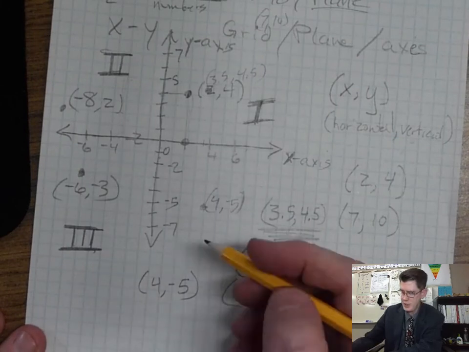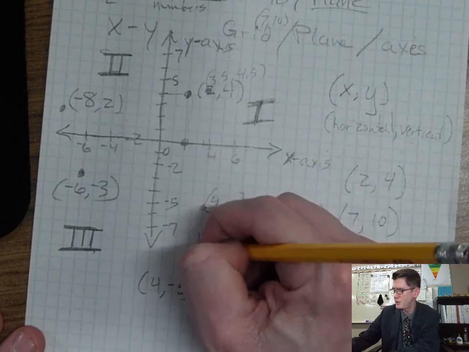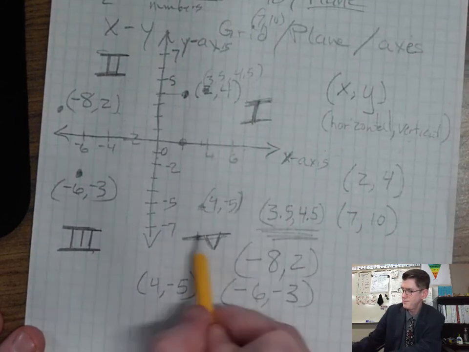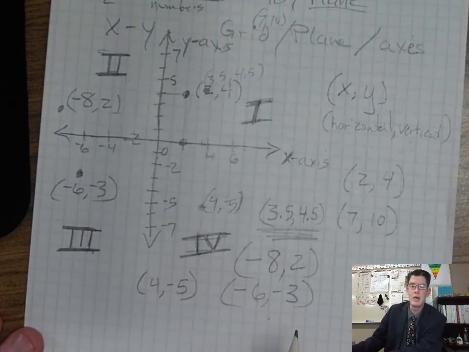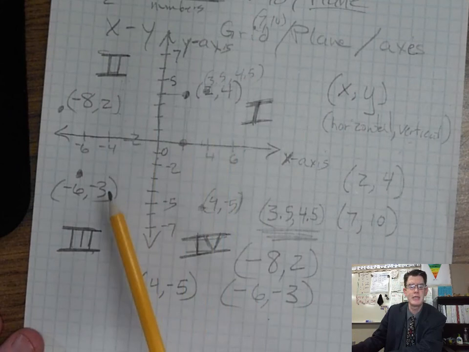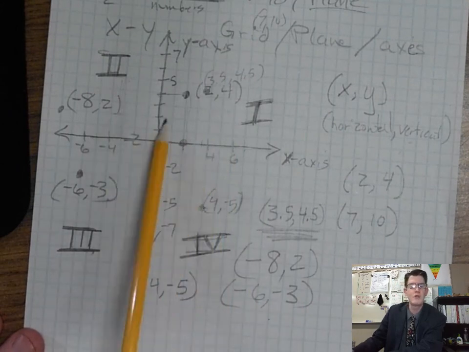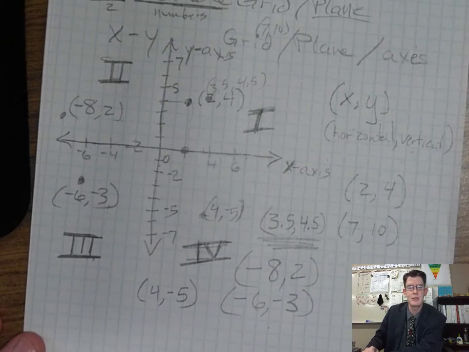And then over here, the Roman numeral 4 is IV, quadrant 4. So quadrant 1, 2, 3, 4. In quadrant 1, they're both positive. In quadrant 3, they're both negative. And in even quadrants, one of them is negative, one of them is positive.